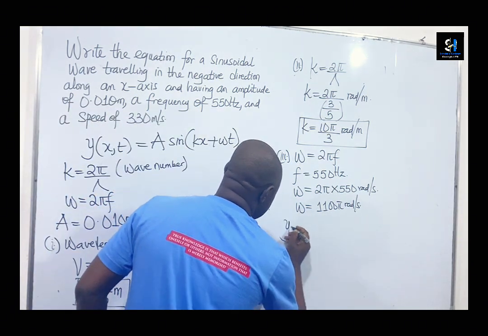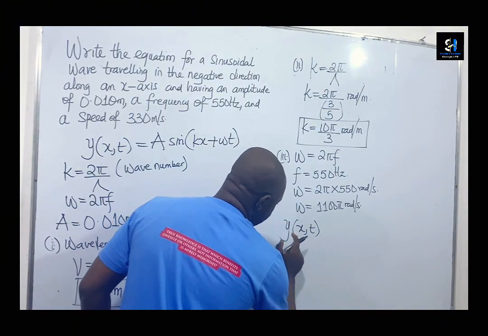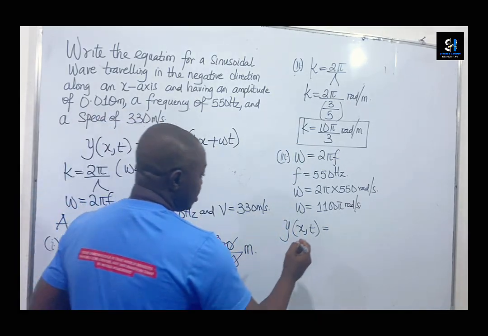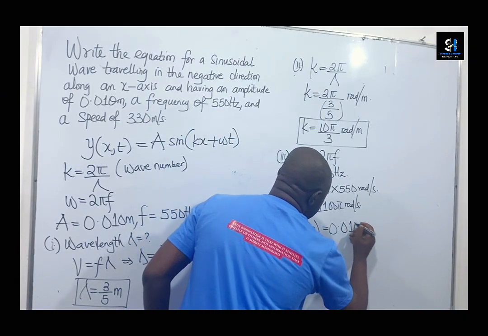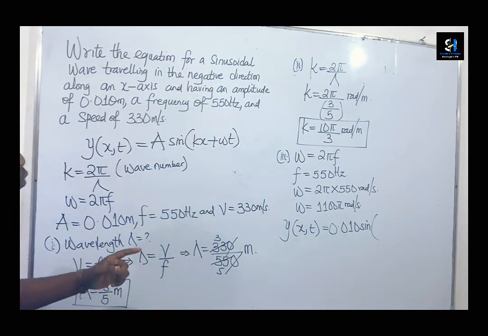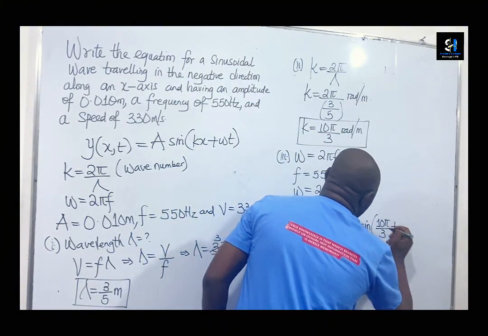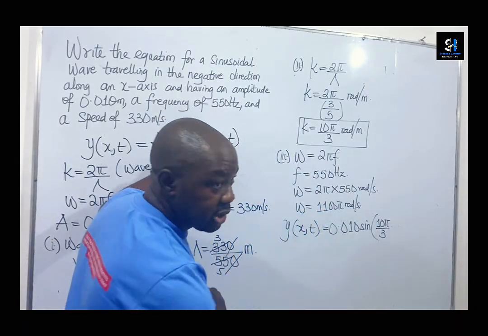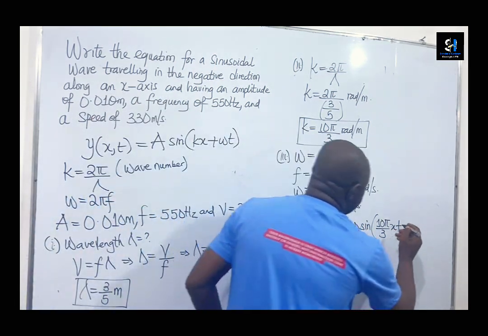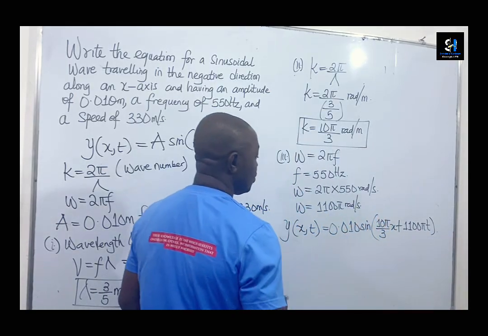The general wave equation is y as a function of distance x and time t equals the amplitude, 0.010 meters, times sine of, and the value of k we got is 10 pi over 3, so 10 pi over 3 times x, plus omega t, where omega is 1100 pi, times t, which is the time.